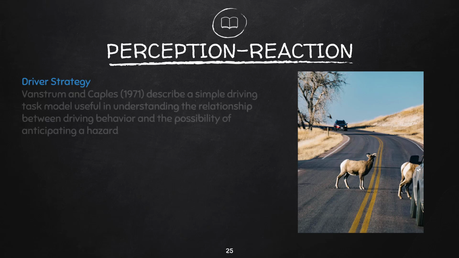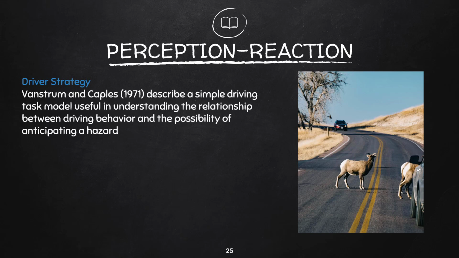Driver strategies vary. According to Van Strom and Kaples in their 1971 study, they describe a simple driving task model useful in understanding the relationship between driving behavior and the possibility of anticipating a hazard.